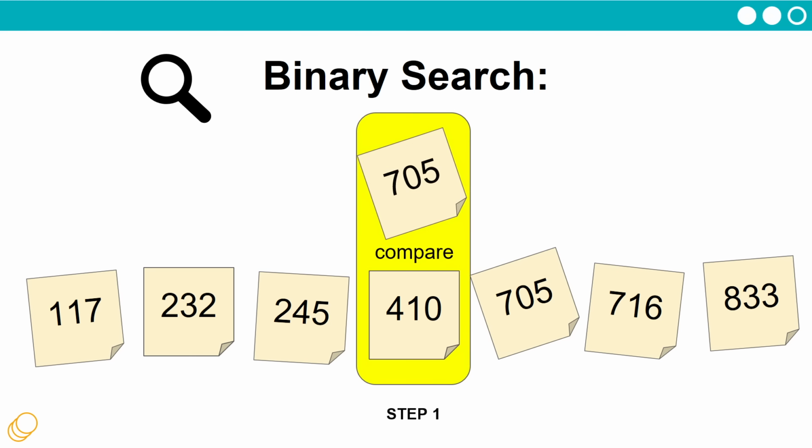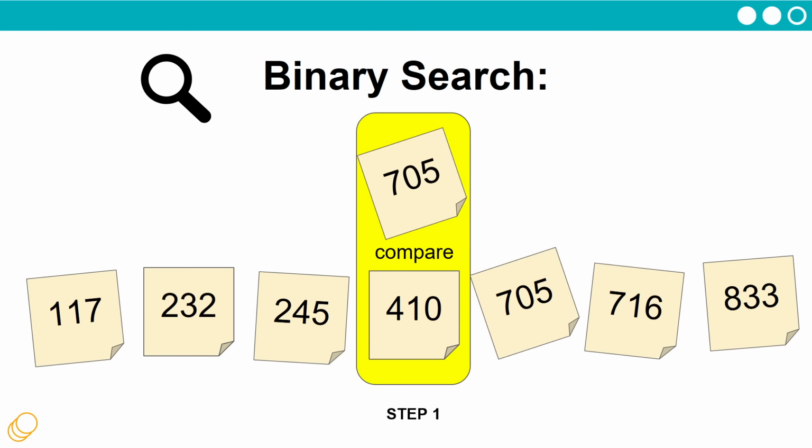Here's my list of tickets, and you notice that it's in order. Now, if I'm searching for 705 in this list, I go to the middle and check it. It turns out that the one I'm looking for is bigger than 410. So I can ignore 117, 232, 245, everything to the left of 410, because I know that they're all smaller, right?